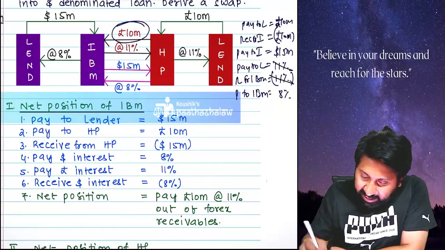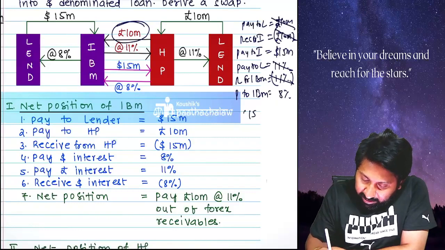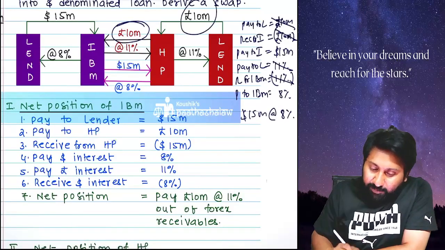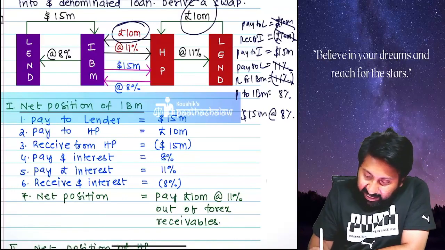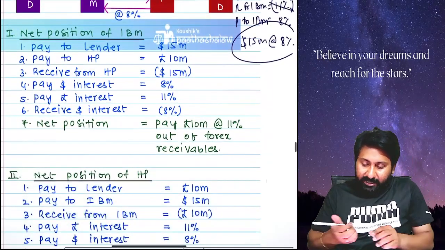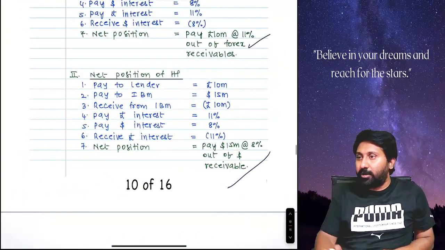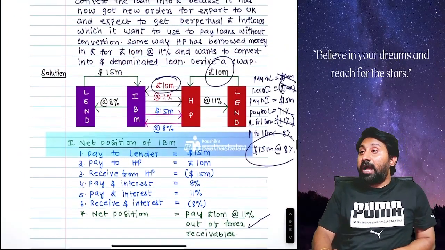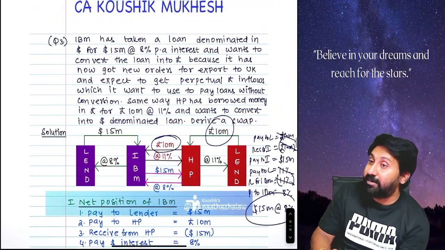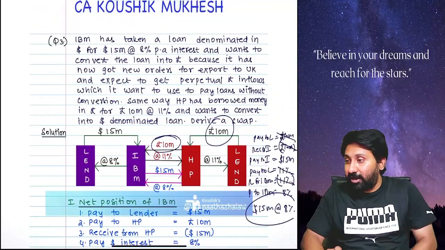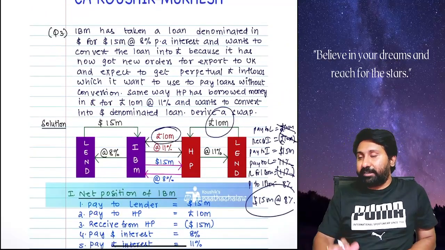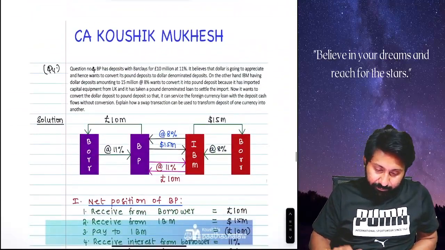Minus 11 plus 11 cancel. Minus 10 plus 10 cancel. Net you are paying $15 million at 8%. My original is 10 million pounds. Now exchanged, it became $15 million at 8%. This is how this swap will work. This is how I will transform my assets and liabilities when there is an export or import. This is a beautiful way of explaining the currency swap.